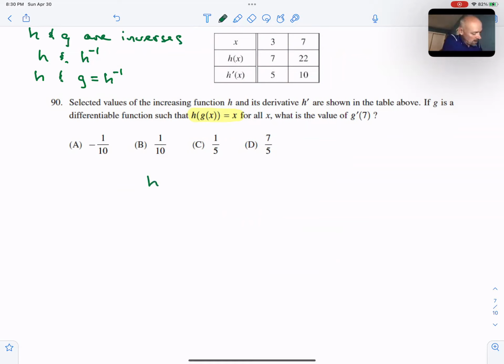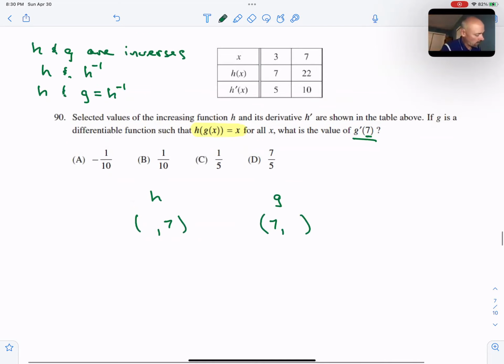So I'm going to just plot my two functions. I got h, I got g, and then under each one, I want to come up with my corresponding points. Well, the way I'm going to do this is I'm looking at, what am I asked to find? I'm asked to find g prime at 7. So I know that 7 has got to be an x value on g. So if that's the x value, I know that 7 is going to be the y value on h because they're corresponding points on inverse functions.